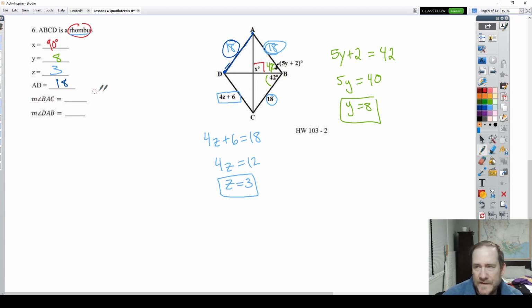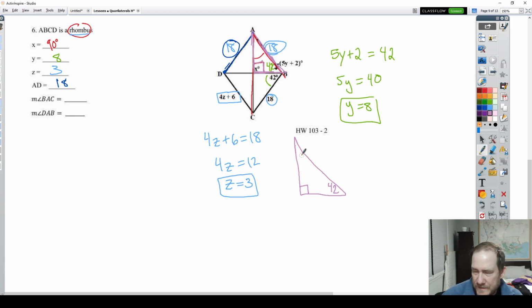They want the measure of angle BAC. BAC is this angle here. So we did see something kind of like this in the Desmos again, because we've got this right triangle right here. And if I kind of just blow this up, if I pull this out, then this is 90 degrees because the diagonals are perpendicular, we said. This angle here we said was 42.